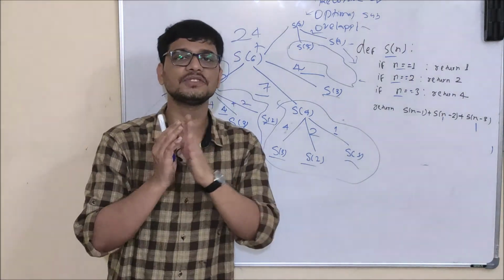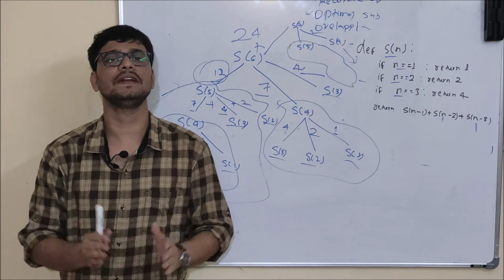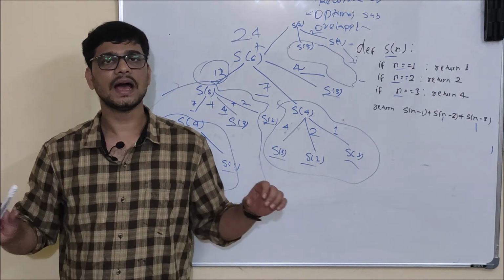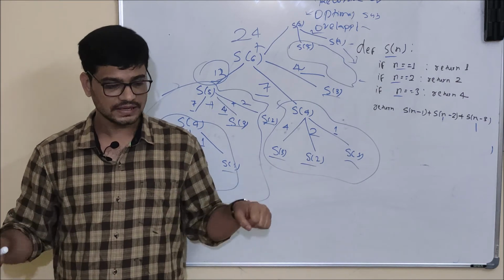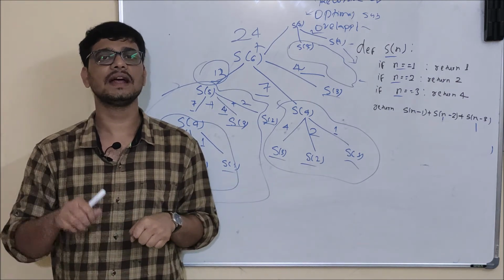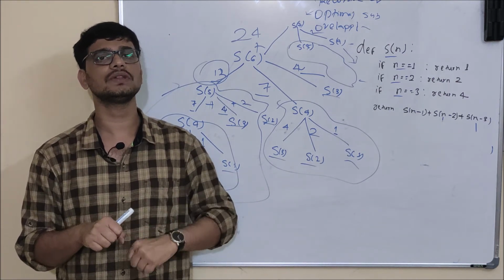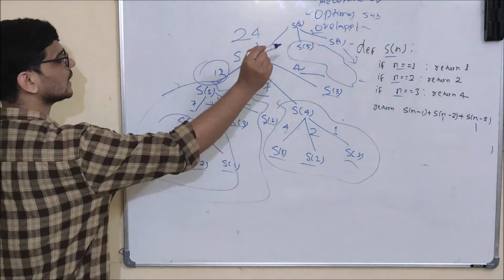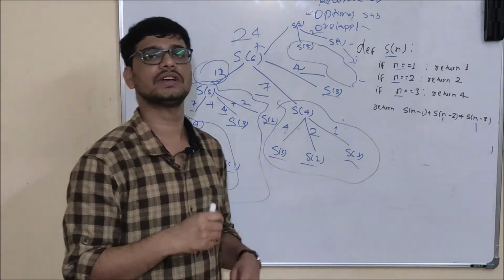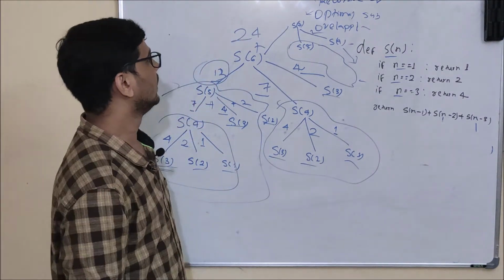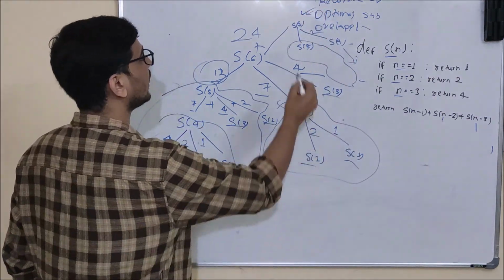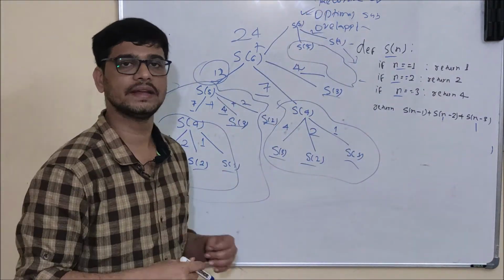That is, S of 6 is breaking itself into some pieces of smaller problems, that is subproblems, and then it is taking back values from all these and summing them up to reach the final answer. And one more thing, S of 5, S of 4 and S of 3 are each giving an optimal solution in themselves. So this is satisfying the optimal substructure property, and overlapping is generating some duplicate problems.